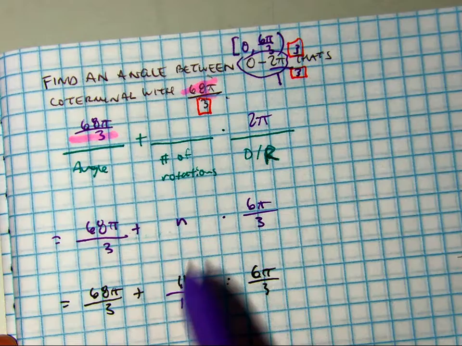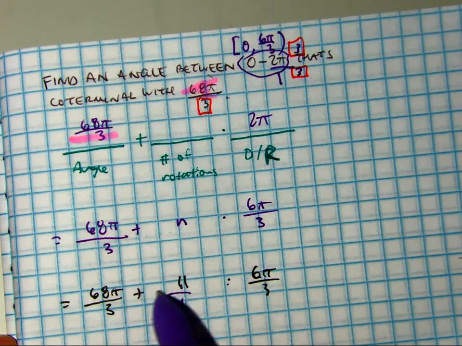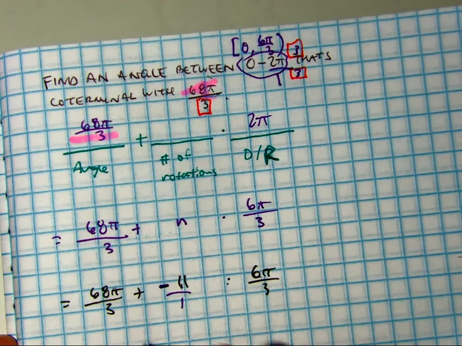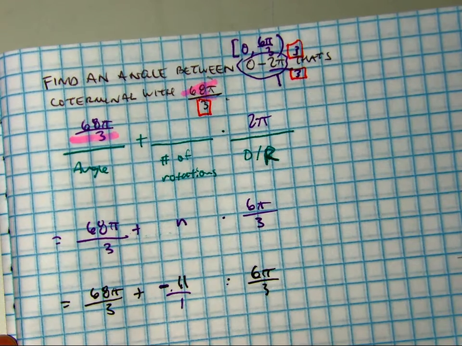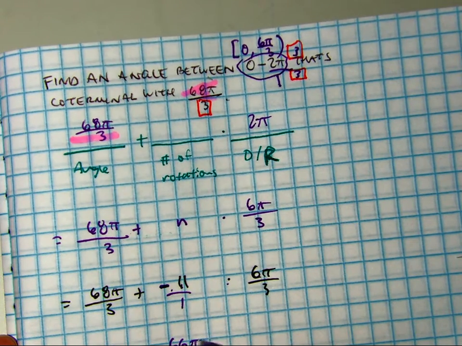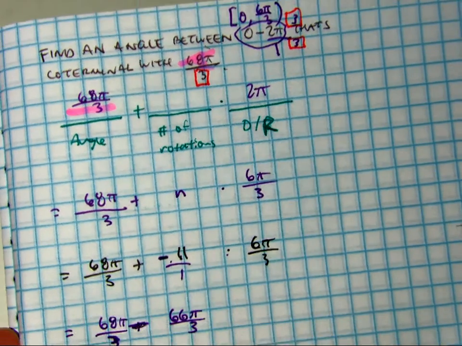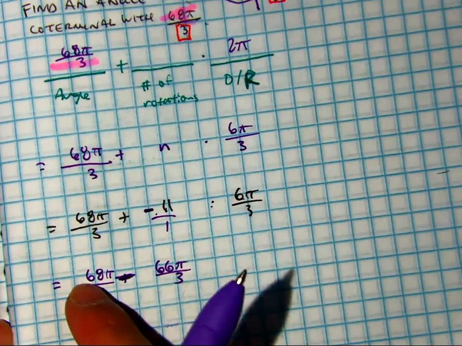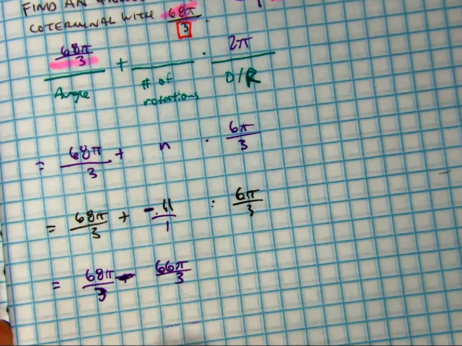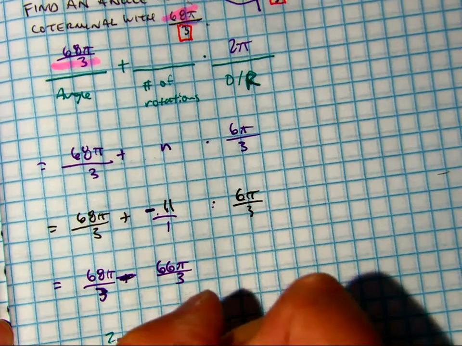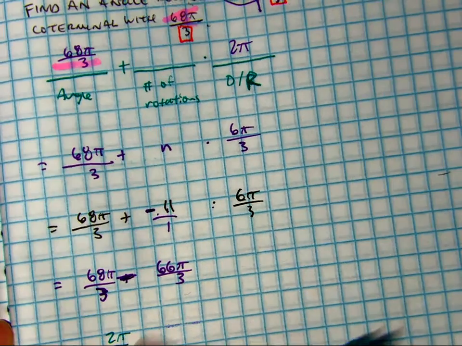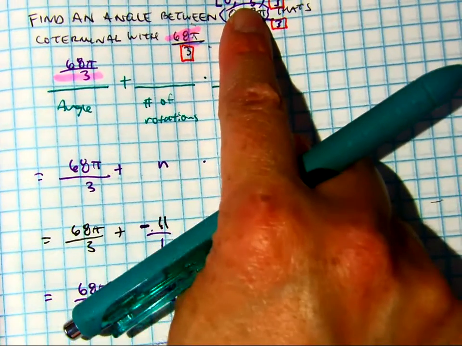So negative 11 times 6 gives us what? Negative 66 pi over 3. Because 68 pi minus 66 pi gives us 2 pi over 3. And is 2 pi over 3 between 0 and 6 pi over 3? Yes. It is. So our answer is 2 pi over 3.